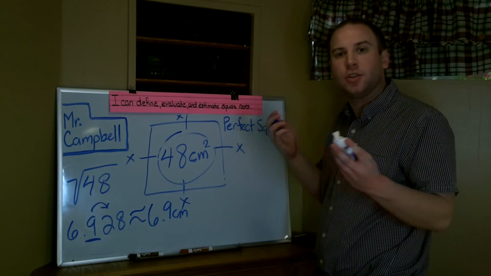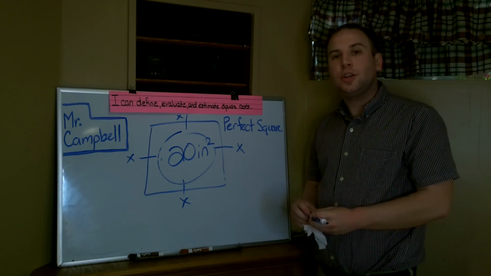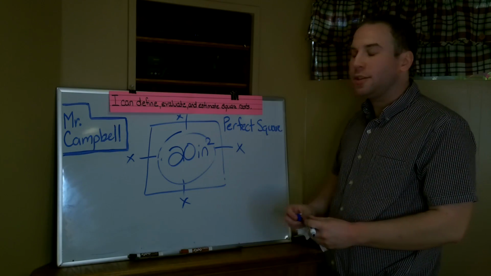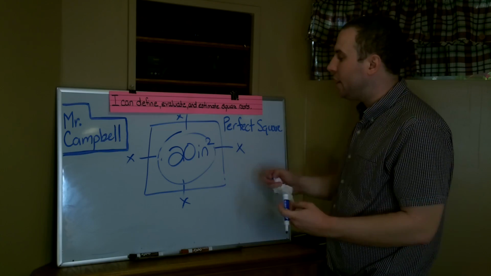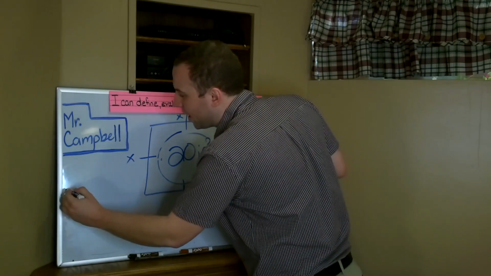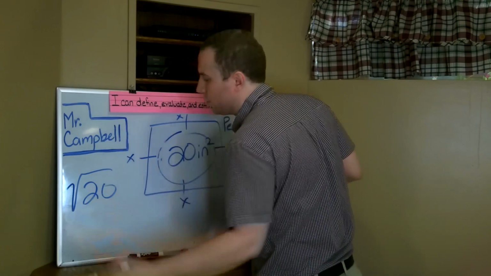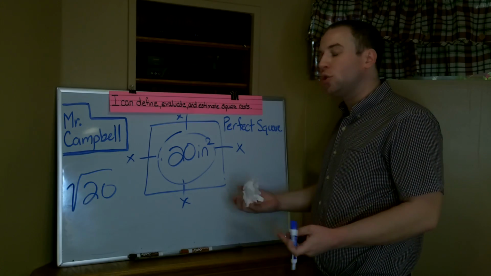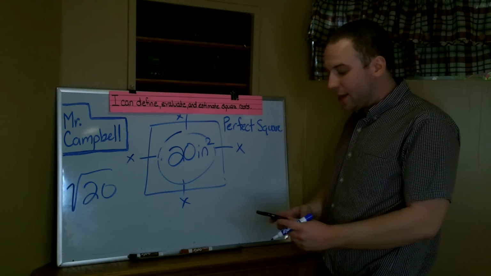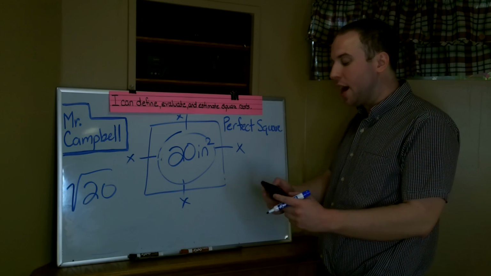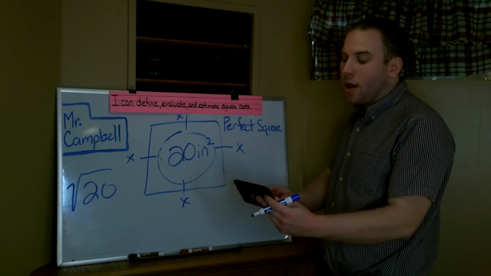What would I do in this problem? Well, I would take 20 to figure out x, and I would do the square root. So the square root of 20 is not a perfect square, so it's not going to give me a whole number.